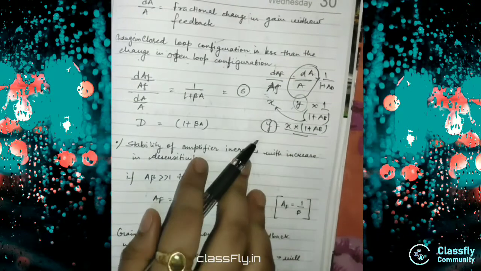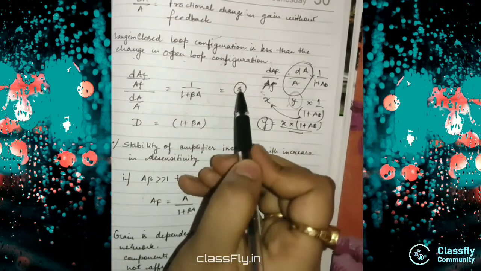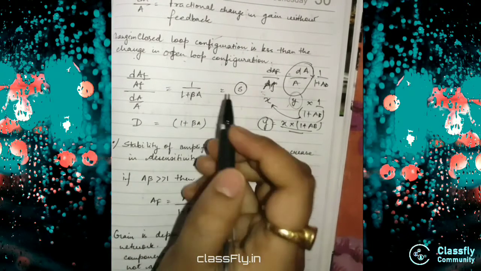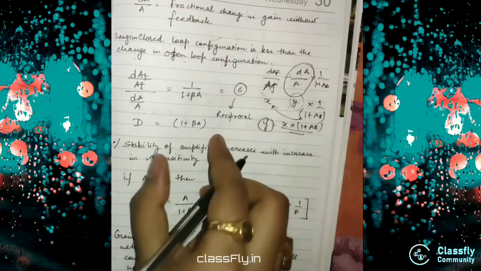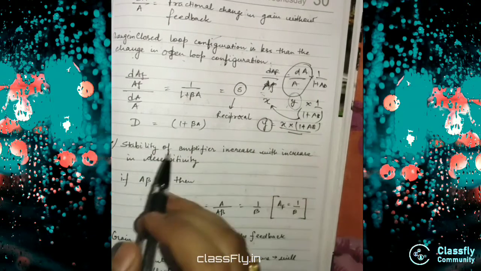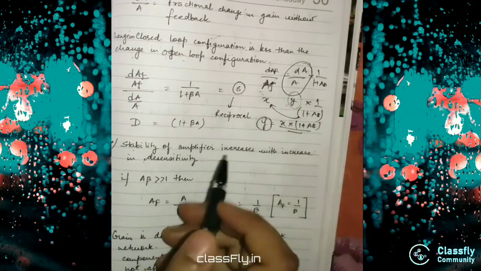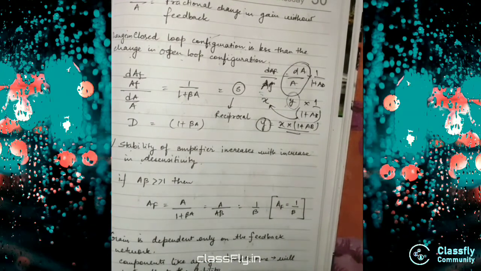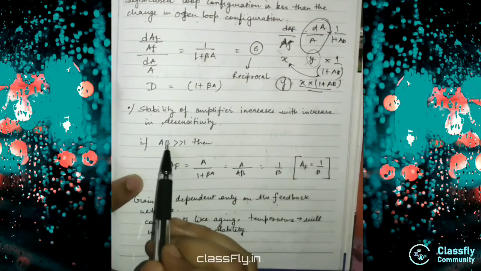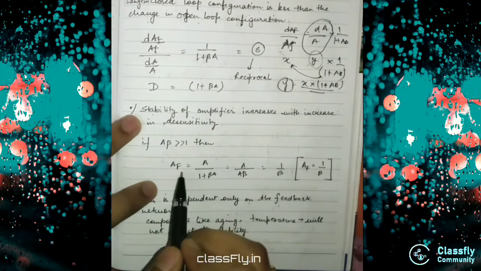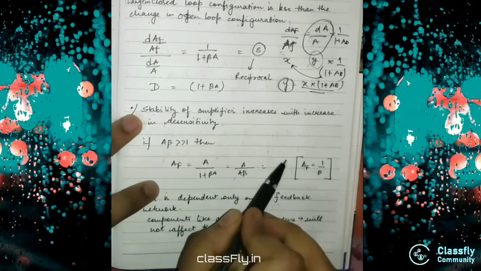That is why we say the change in closed loop configuration, dAF by AF, is less than the change in open loop configuration. If I take this dA by A to this side, my sensitivity is equal to 1 by 1 plus beta A, and the reciprocal of my sensitivity is my desensitivity. So we can clearly understand that the stability of the amplifier will increase with increase in desensitivity. Whenever we apply negative feedback, there is gain desensitivity. Now if A beta is greater than 1, then 1 plus A beta becomes A beta, so A by A gets cut and we are left with 1 by beta.